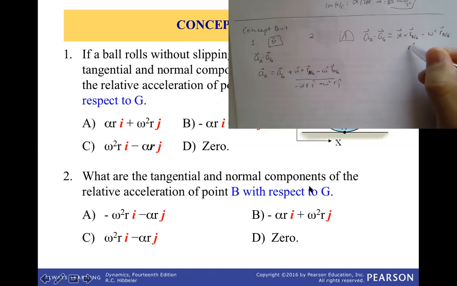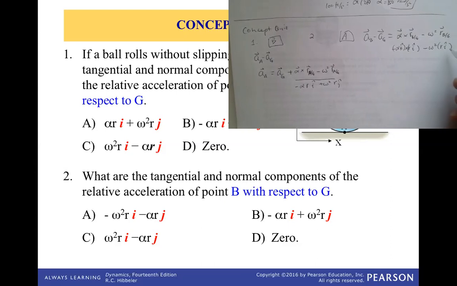Now alpha, because it's clockwise, is minus alpha in the K direction. So that crossed with this one, minus omega squared R in the I direction. K cross I gives J, but with the minus, so it's minus alpha R in the J direction, minus omega squared R in the I direction.